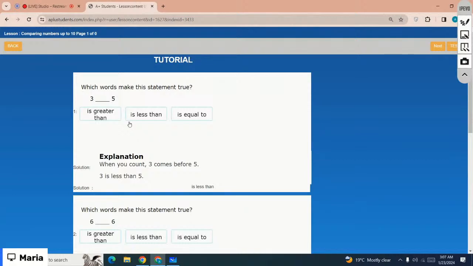Comparing means you need to see which number is less and which is greater. For example, which words make the statement true? 3 and 5. Which is the correct option? 3 is less than 5, or 3 is greater than 5?